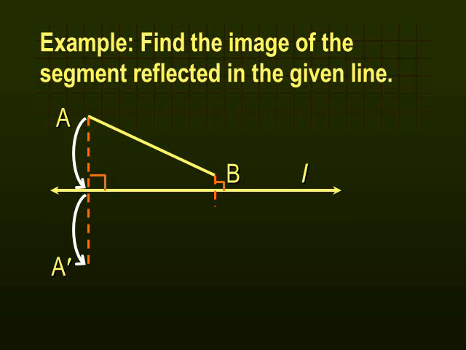Those distances of the orange dashed lines are equal. Then I will have my segment, and that segment's looking in the mirror. A is exactly the same distance as my A prime, so my image and my pre-image are exact mirrors of one another.